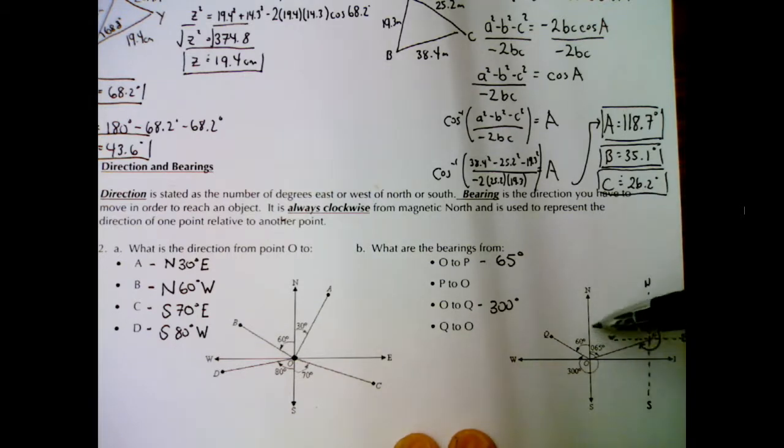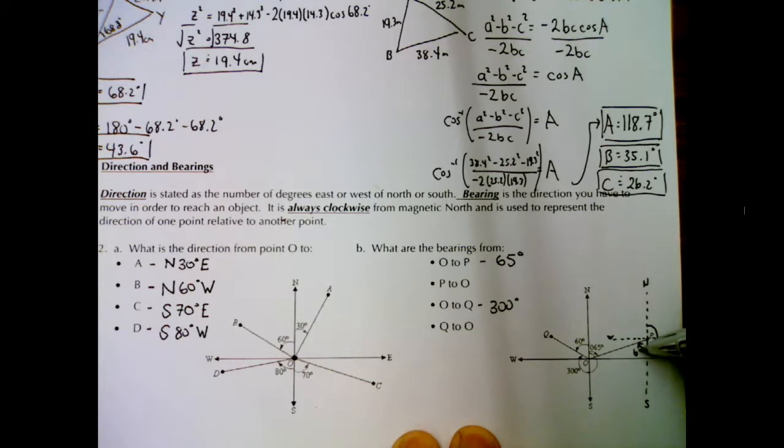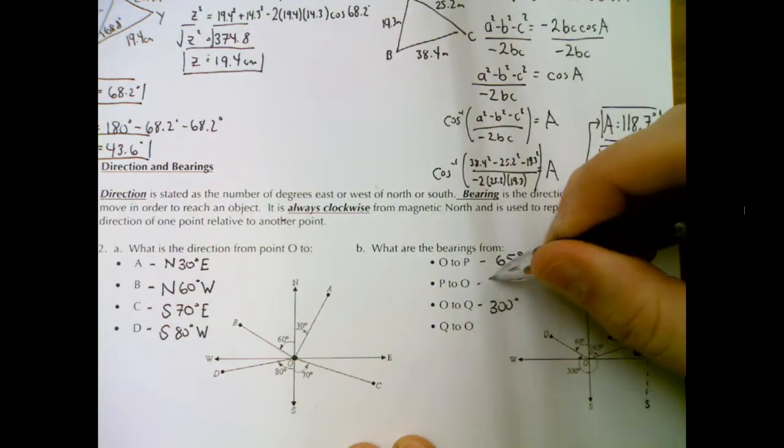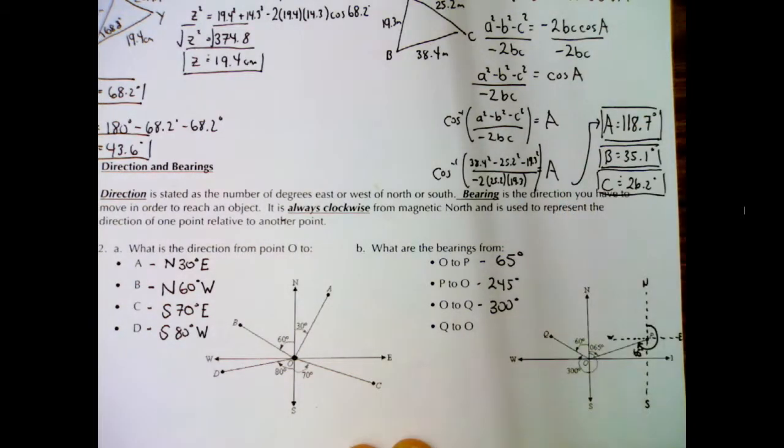In fact, from north to our line to this south line, there's also a Z pattern, which tells us that if the angle 65 is in this part, then the angle 65 would be in that part too. And that's going to help us find our bearing, because from north, if we travel around 180 degrees, that takes us to south. 65 more would get us to our line from P to O. And that would be a 245 degree bearing.